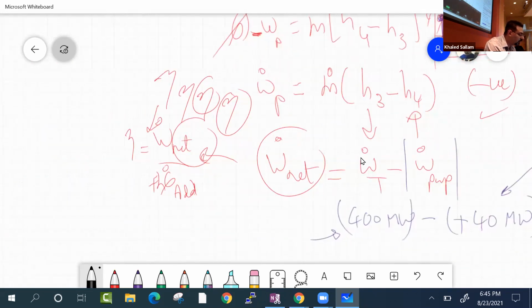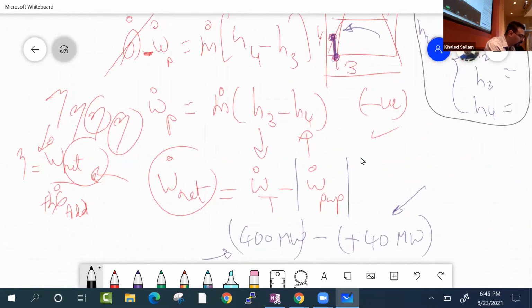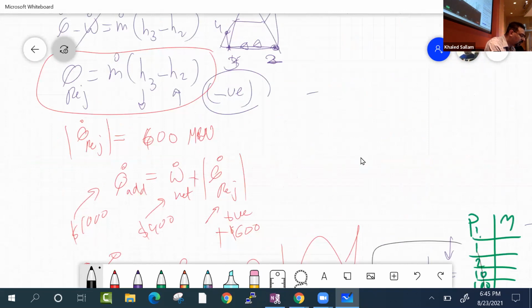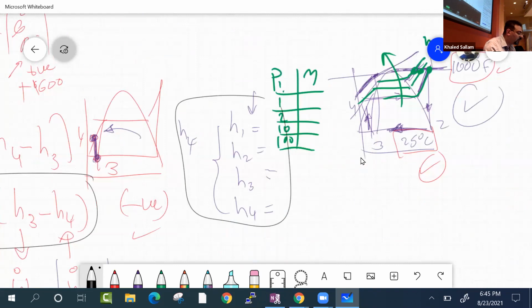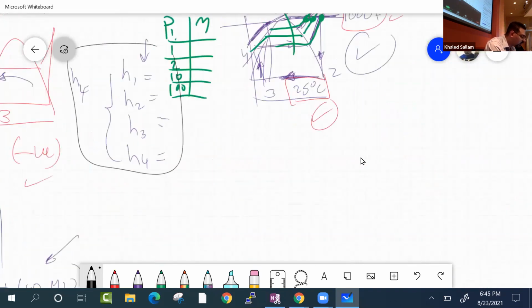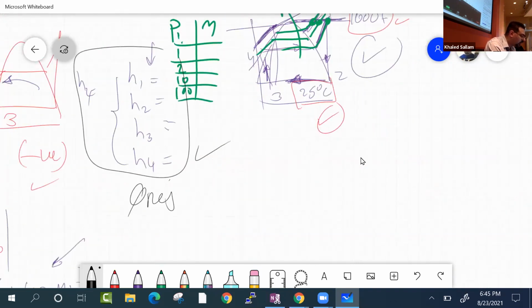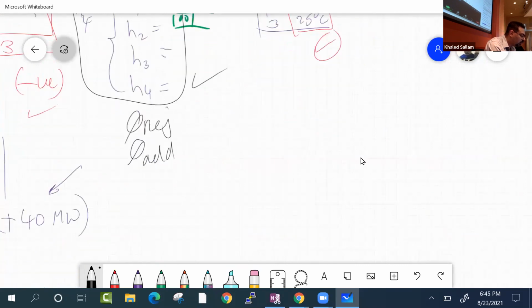The formula for the work pump, it's this one. The formula for the Q rejected is this, right? So after you calculate those H's, then you have Q rejected, Q added, work turbine, work pump.